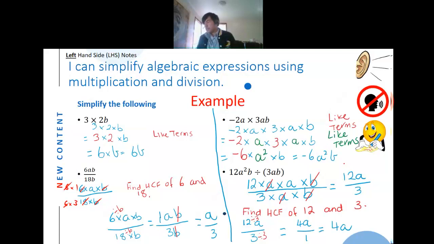So 12 is 3 times 4, and 3 is 3 times 1. 3 can go into 3 one time. So we're going to cross out the 3, and what do we have left? We've got 4a at the top, and then 1 at the bottom. Because we don't have to write the 1 when it's at the bottom, we can rewrite that as 4a.